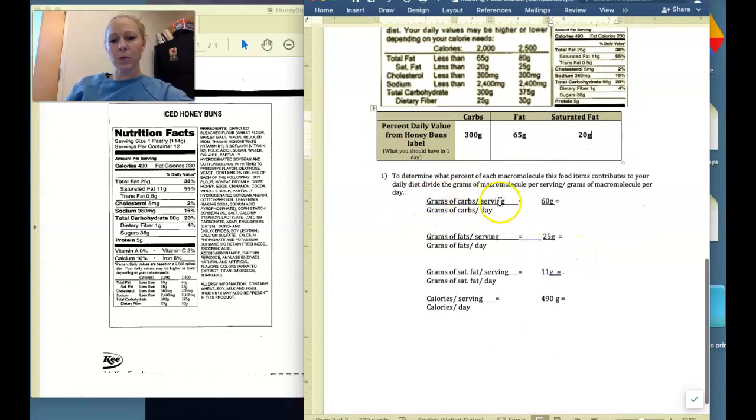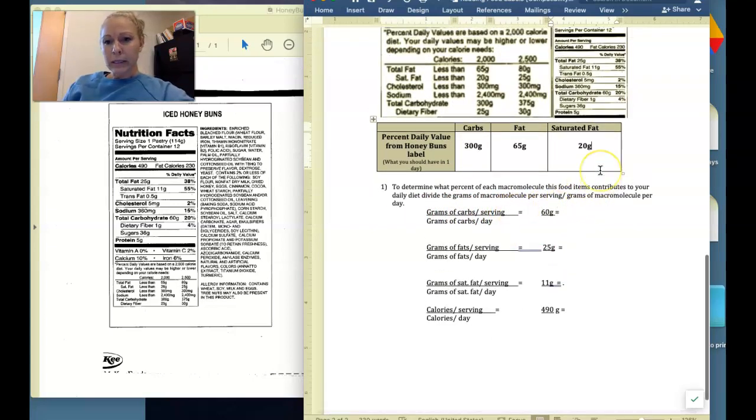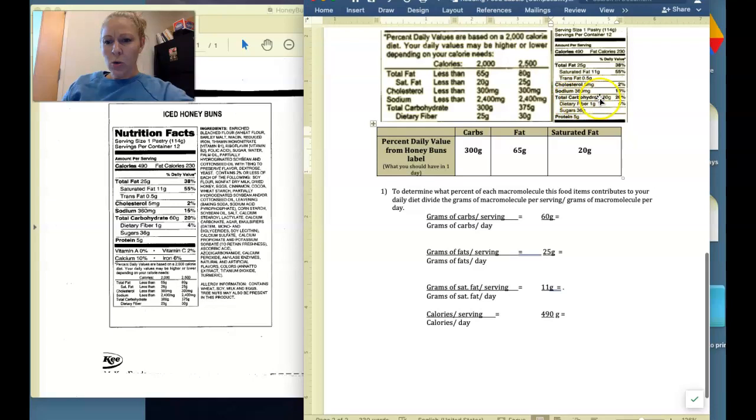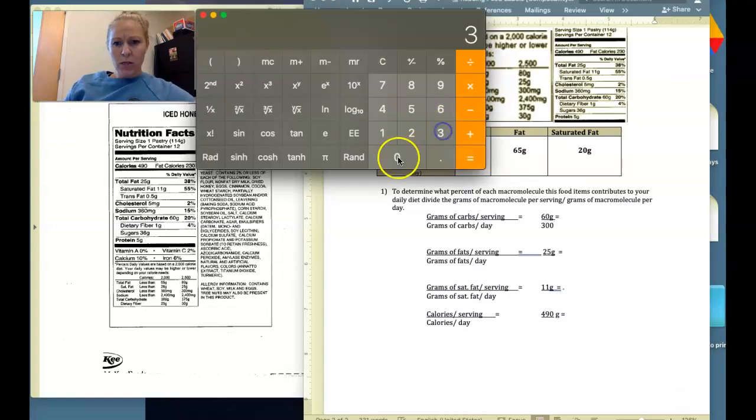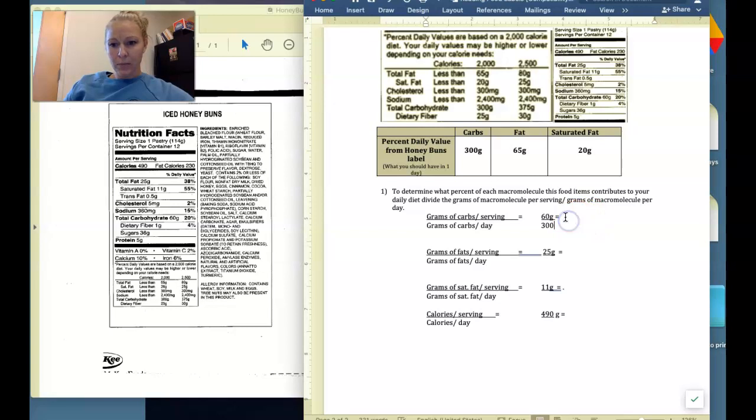The total carbs on the honey bun's label is 60 grams, and we're supposed to have 300 in a day. So 60 divided by 300 is 0.2, or 20%.